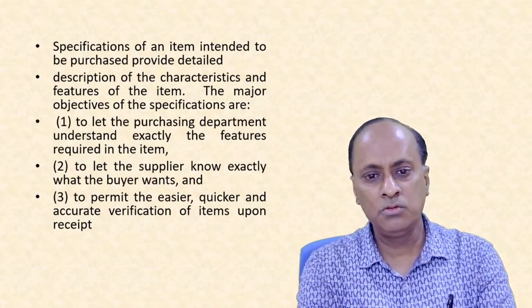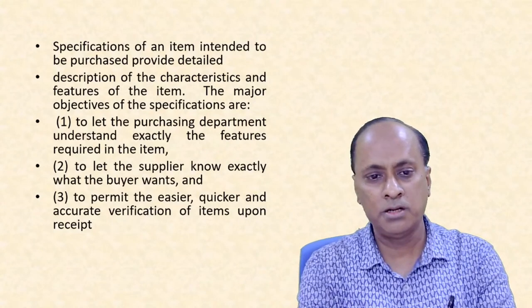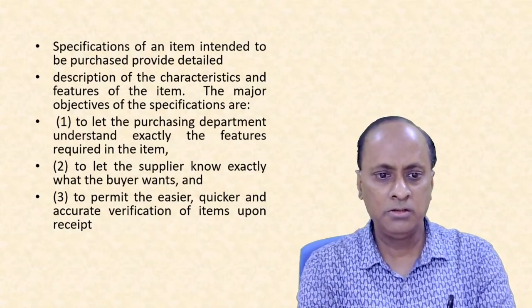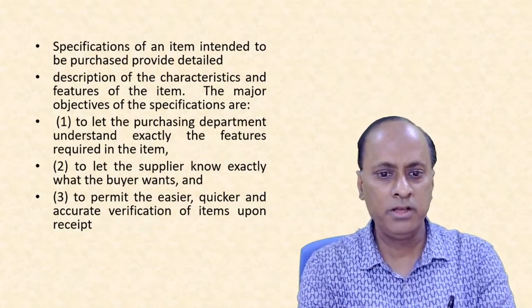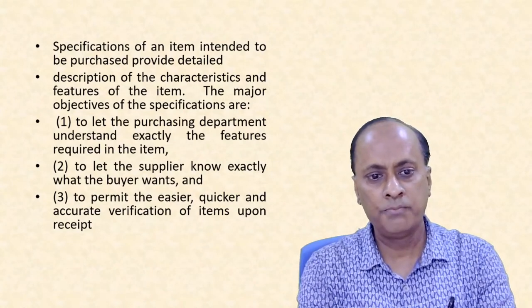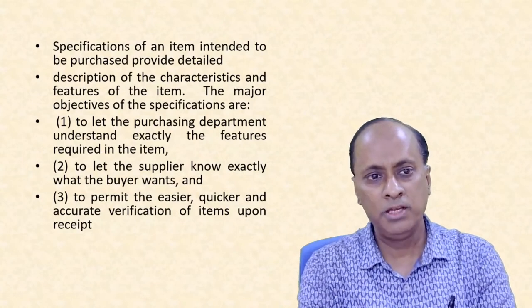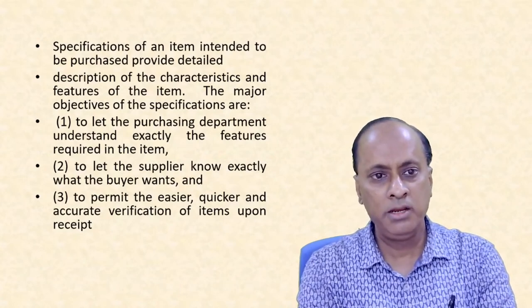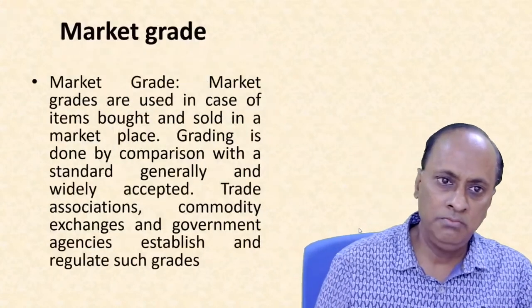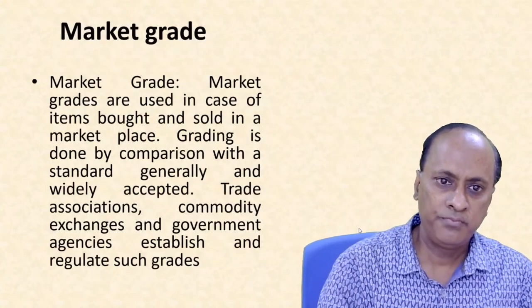The suppliers, the persons who will supply the product, know exactly what the buyer wants, and it permits the easier, quicker and accurate verification of items upon the receipt. So if there is a specification, when you receive the product, you can easily, quickly and accurately verify by comparing with the specification.